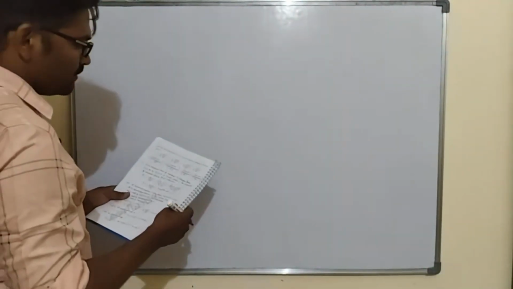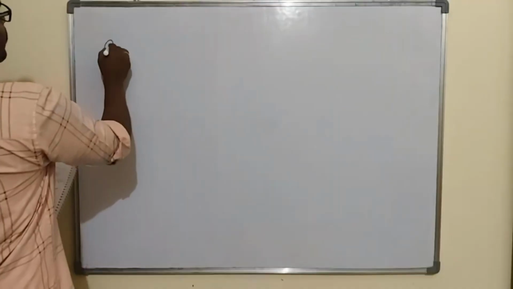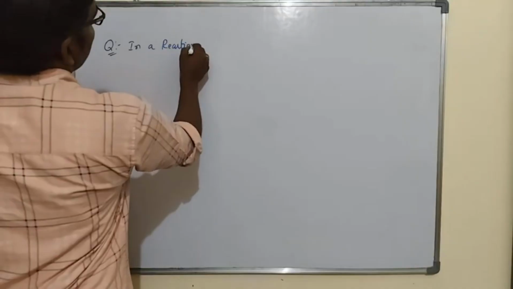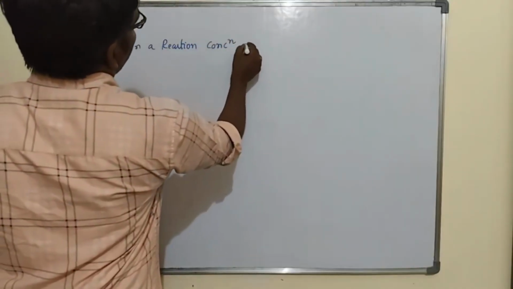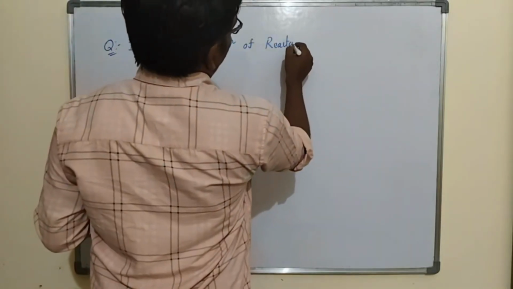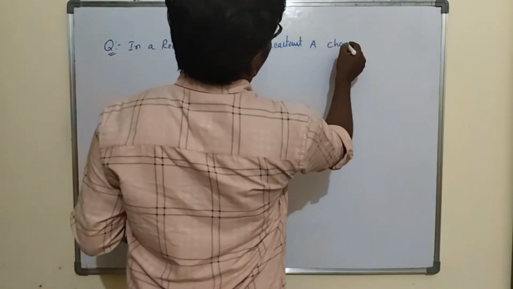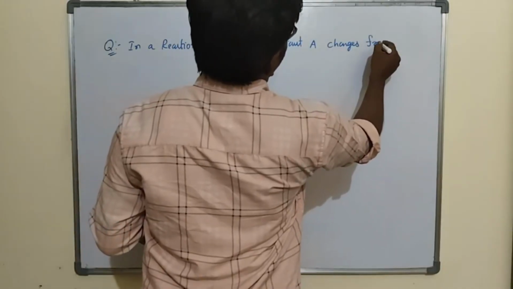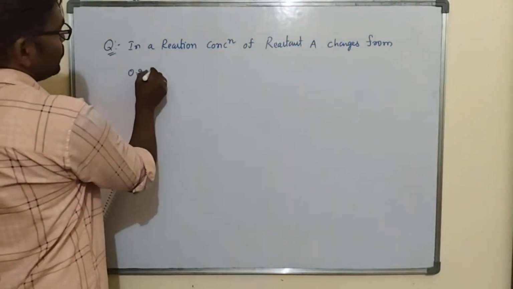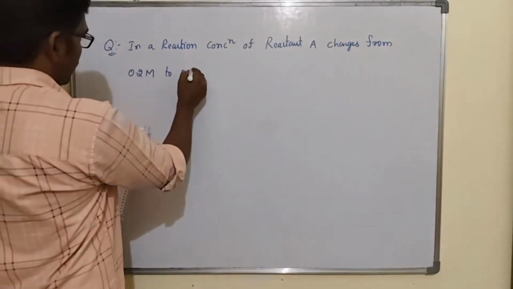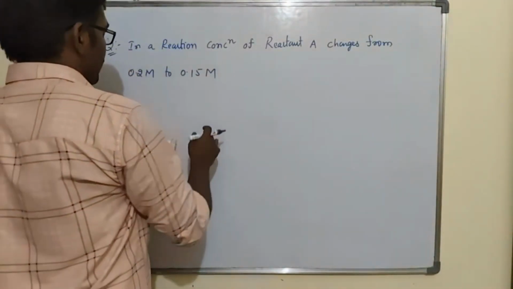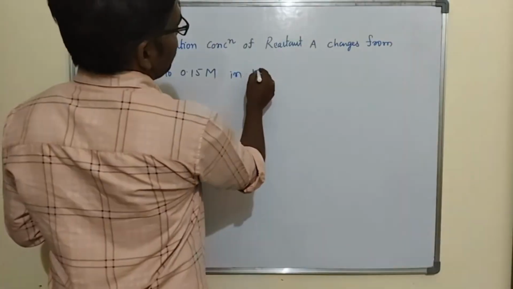In a reaction, the concentration of reactant A changes from 0.2 molarity to 0.15 molarity in 10 minutes.